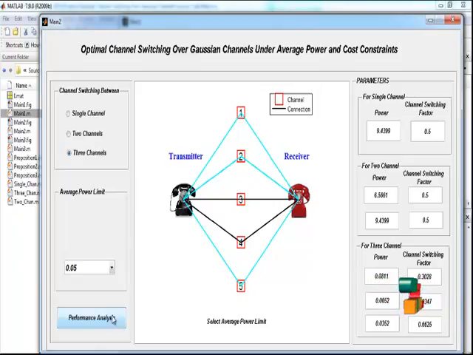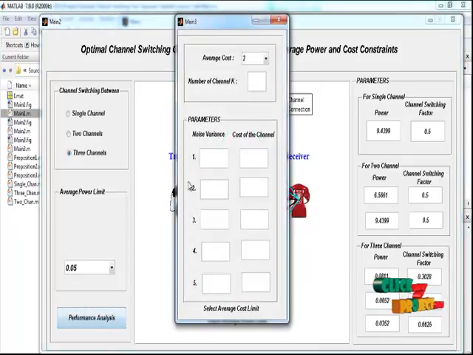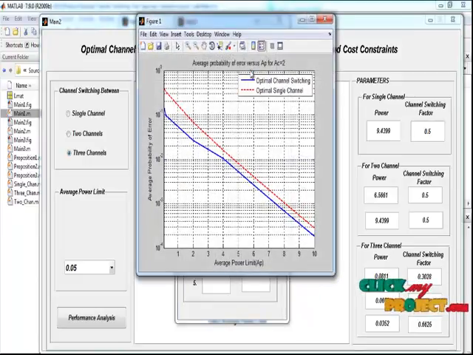Now by pressing the performance analysis button, we can perform the analysis process. By pressing the average cost, select any one average cost. Now by pressing the average cost as 2, we got the average probability of error versus average power for average cost equal to 2.